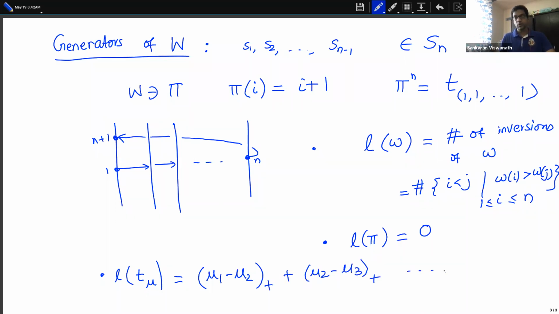This tells you that you will get those many inversions if you slide the first abacus up by more than what you slide the second abacus up. So the length of a typical translation looks like this. And when I put plus, you keep it if it's positive, or replace it by 0 if the quantity inside is negative.